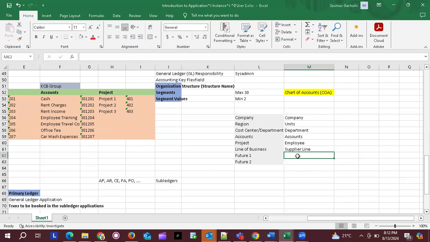They want to maintain something like production unit. And in the production there is project. Then there is future 1 and future 2.